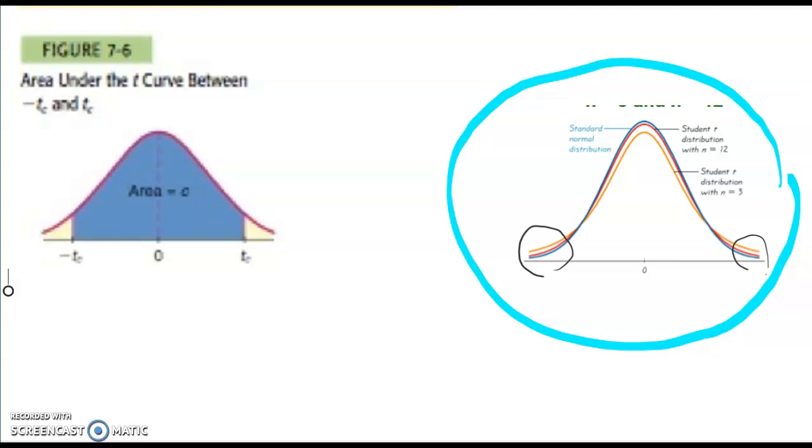Now a t-distribution with n equals 3 here in orange has the lowest top of the bell, but the highest tails. Whereas when you increase n to 12, the bell gets higher at the top, but the tail is a little bit lower, still above the normal distribution.